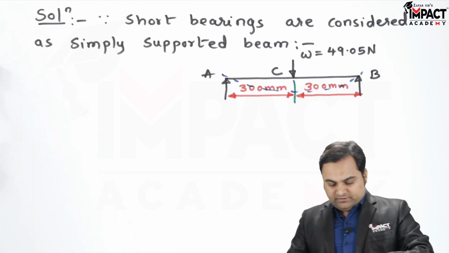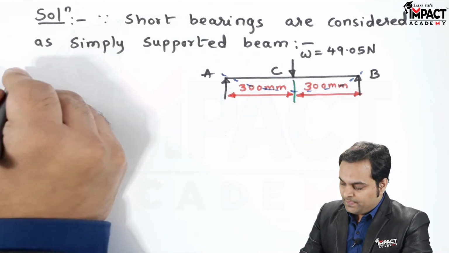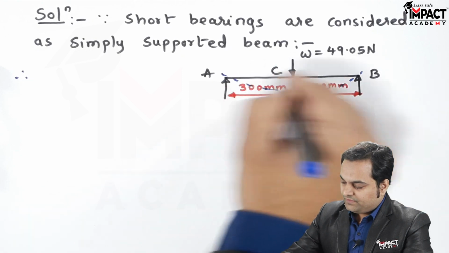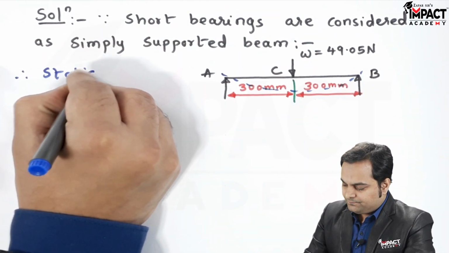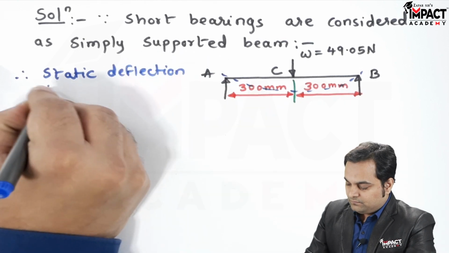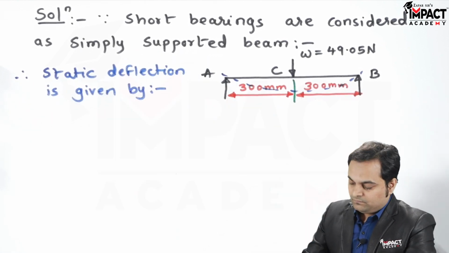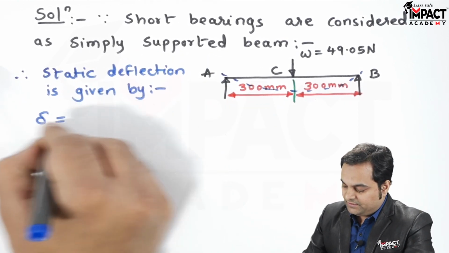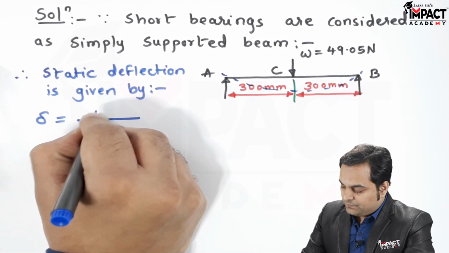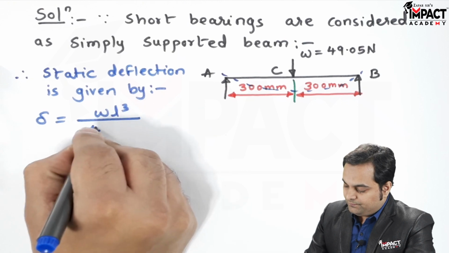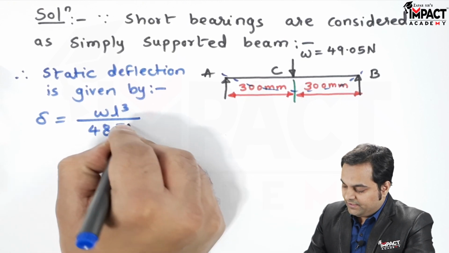So I'll write down that for a simply supported beam which is supported at its ends, the static deflection is given by, denoted by delta, and that is WL cube upon 48 EI.